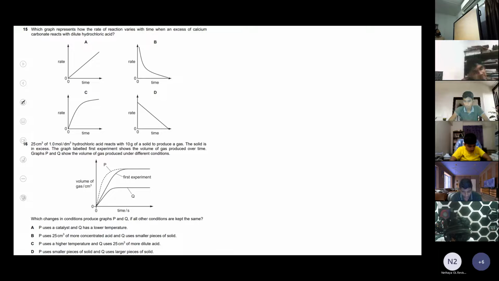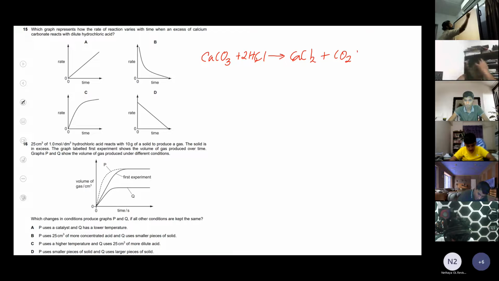Next one. Which graph represents how the rate of reaction varies with time when excess calcium carbonate reacts with hydrochloric acid? Whenever a reaction produces a gas, you can measure the rate of reaction in two ways: either you measure the mass or you measure the volume of gas.